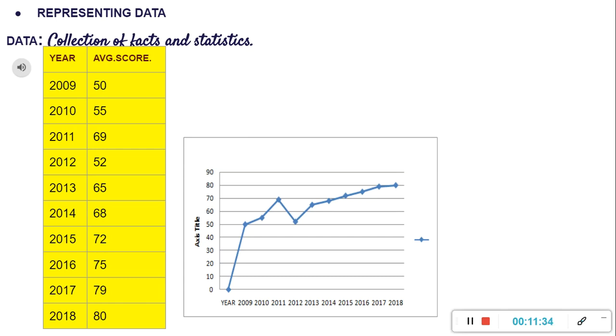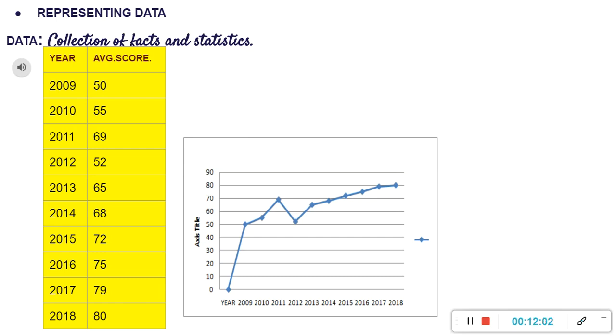Even though it dropped in between, overall it is growing up. So the quality of education that is being provided in the school is pretty good, isn't it? So these are all different kinds of things that we do with the data, and that is why it is important to handle data.